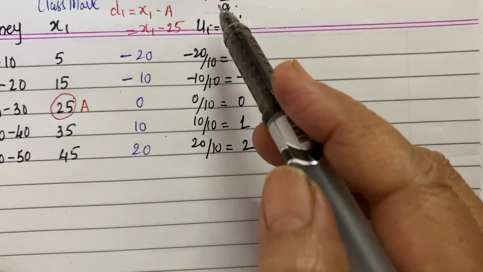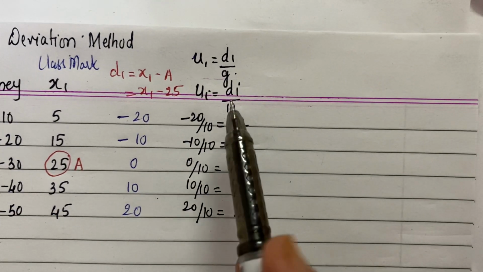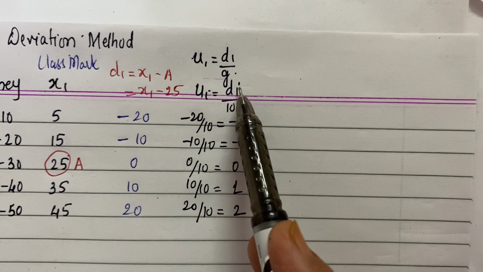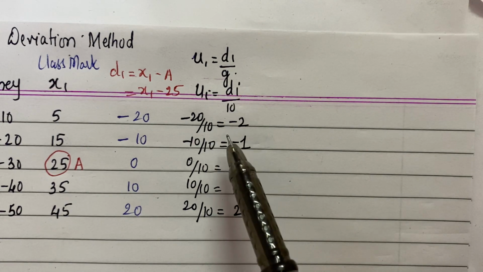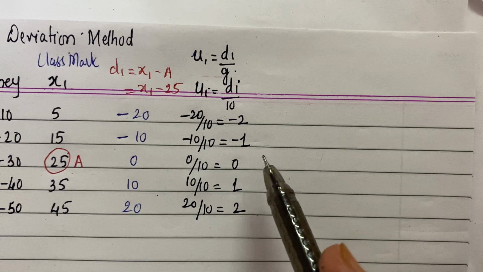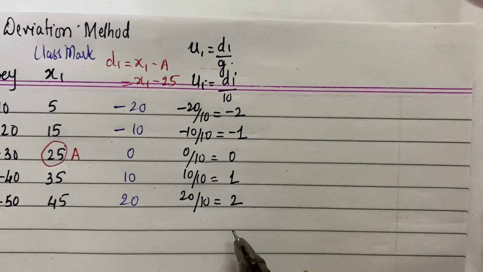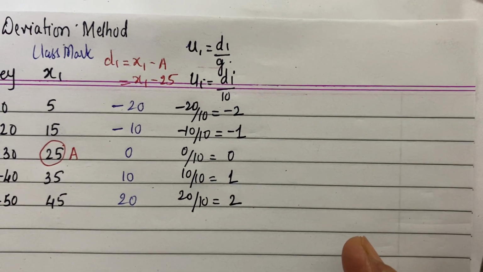These are the deviations with respect to ui. How do we find ui? di upon g, where g is the greatest common divisor. How do you find the greatest common divisor? I have showed you. So after getting this, we have simplified our calculations more.